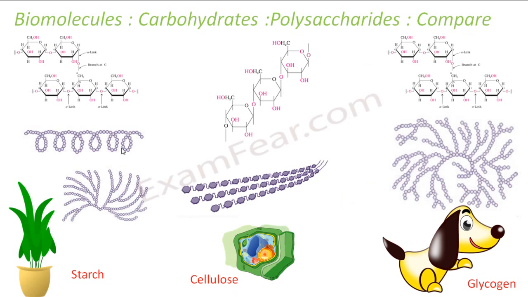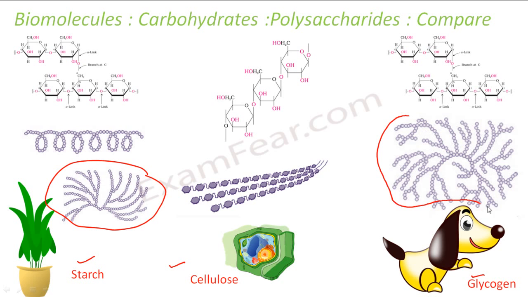Now let's compare all these three polysaccharides which we have learned: starch, cellulose, and glycogen. Starch is more about plants, cellulose is in the plant cells, and glycogen is more in animals. The structure of starch and glycogen is almost the same, just a little more branched.